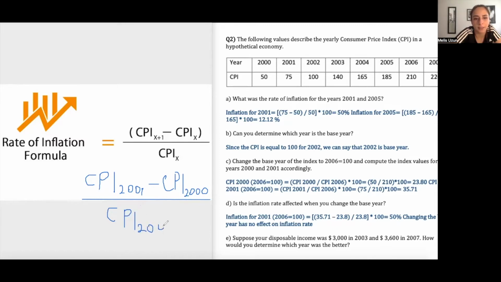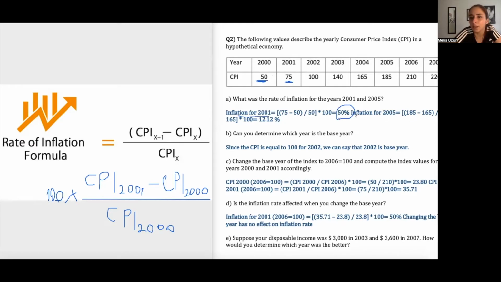So CPI of 2001 was 75, and 2000 CPI is equal to 50. So we subtract 50 out of 75, and we divide it by 50 again and multiply it with 100. And so we found that it is 50% inflation for 2001.